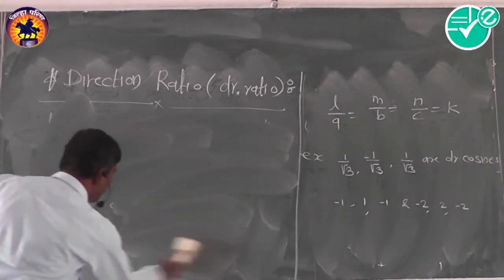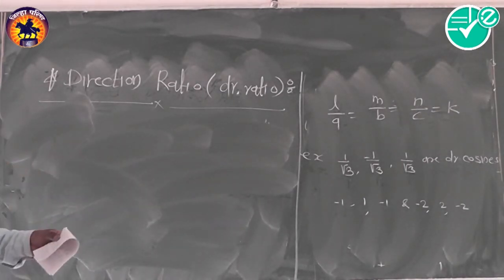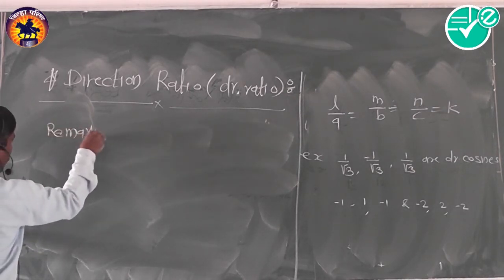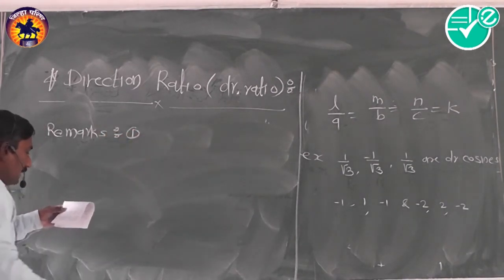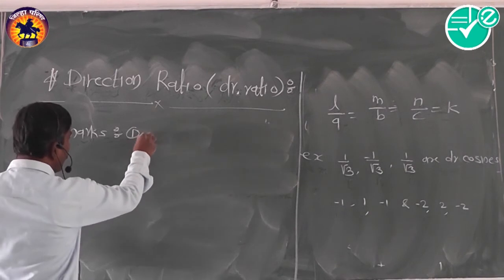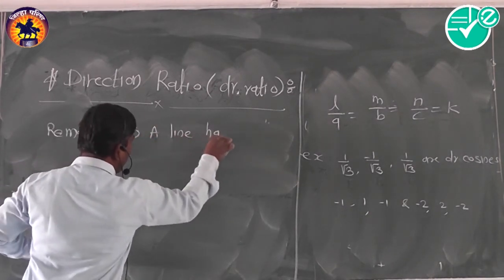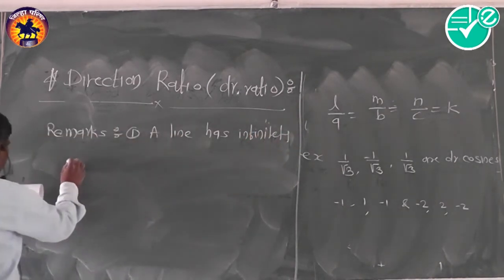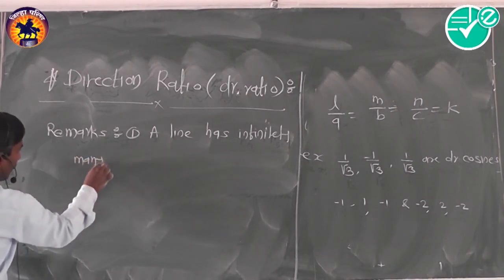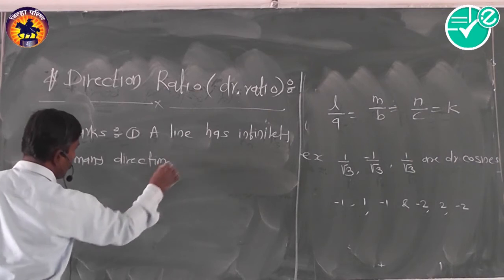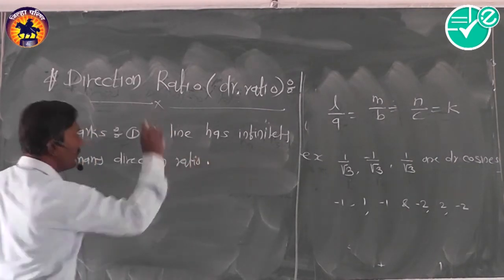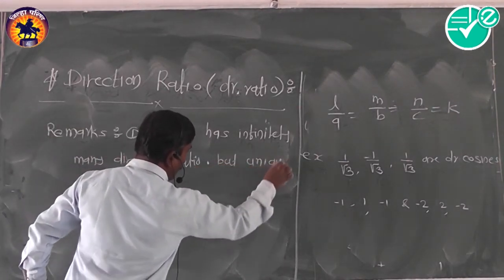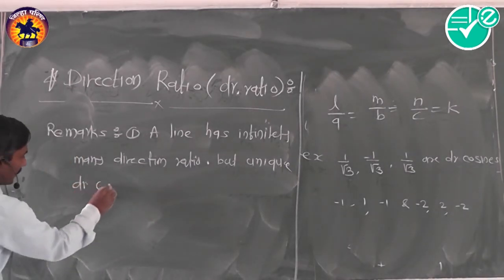The first remark is that a line has infinitely many direction ratios, but unique direction cosines.